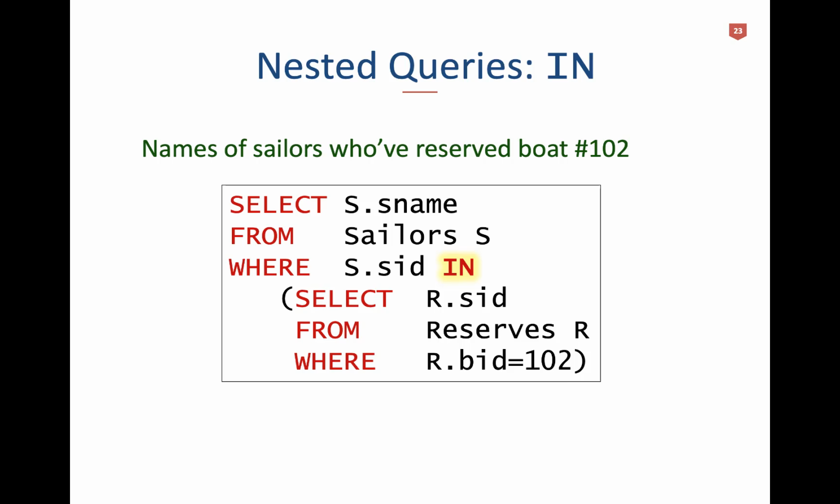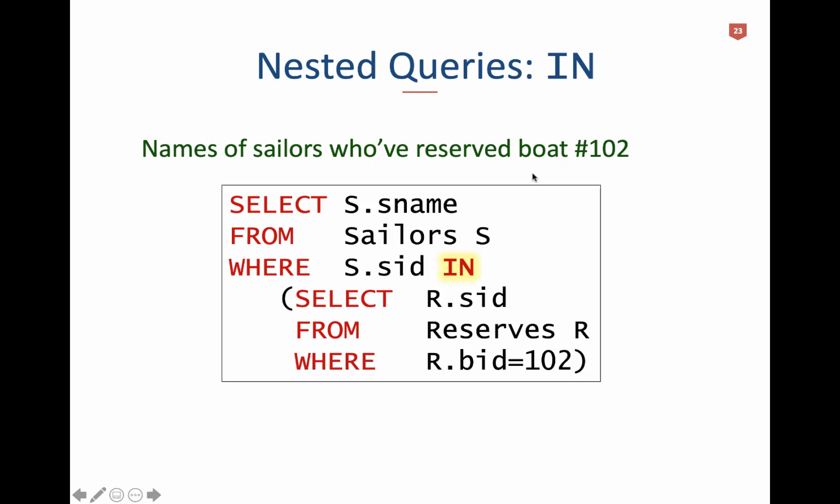Now nested queries, you have used nested queries in the previous lecture. What we're going to use nested queries for here is the keyword in. We're looking at the names of sailors who have reserved boat 1 or 2. One way of doing it is having a nested query, and in this case we want to see only the S names of these sailors from the sailor table.